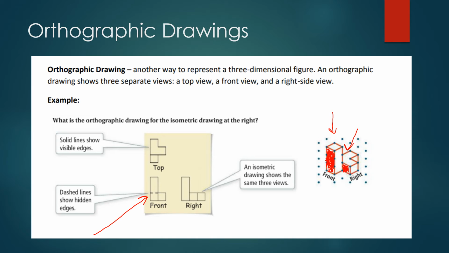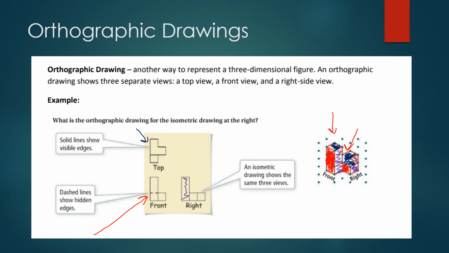For the top view, let's highlight it in blue. It looks like we have a square there and this little L shape. So you take a look, it's an L with a little block beneath it. And then the right view, let's highlight that in purple. So I've got this tower, I have a block and another block.